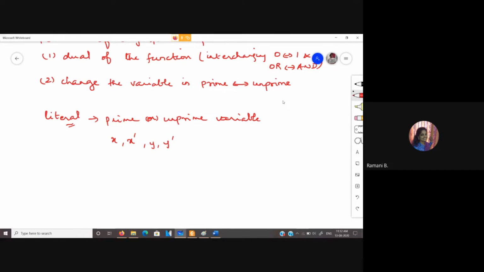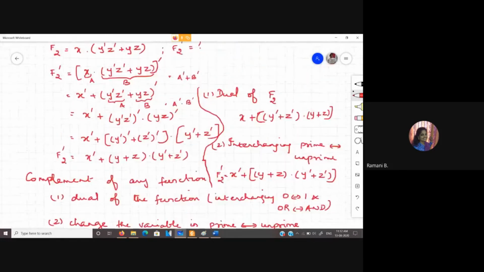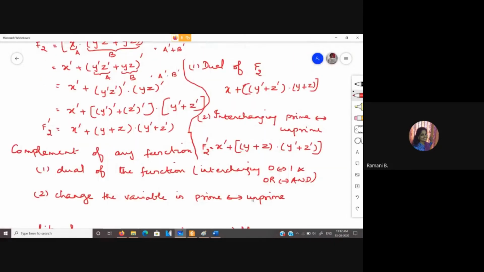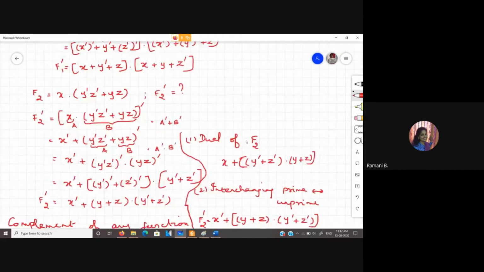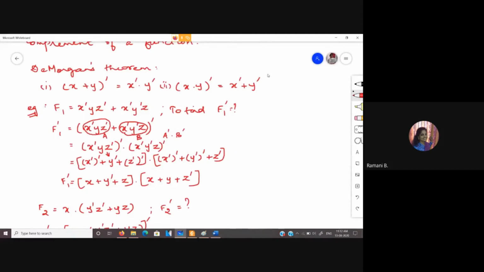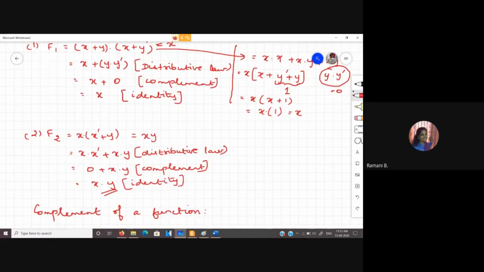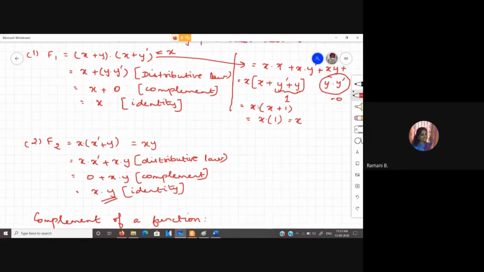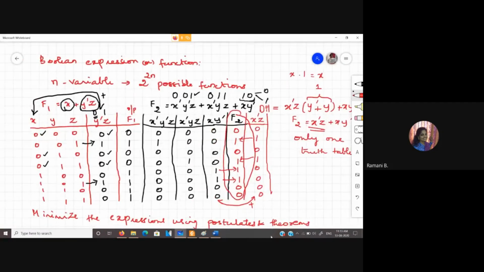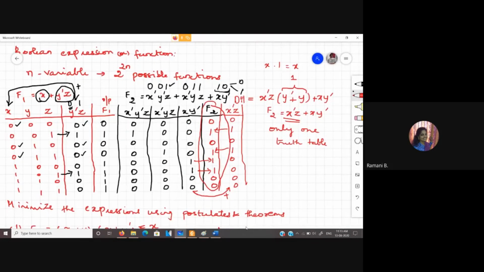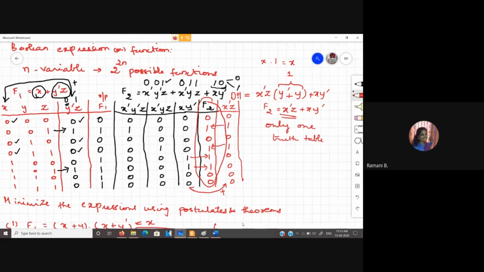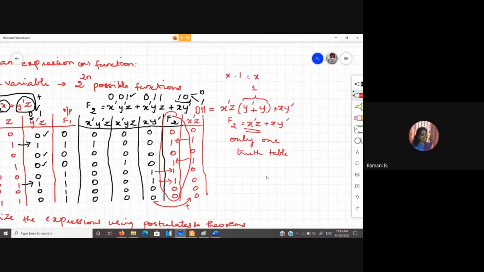Okay. So now we have all these expressions. We didn't see how to draw the logic diagram for these functions. So let us see it and then go on to the next one. Here we were seeing two expressions. F1 is equal to x plus y bar z.